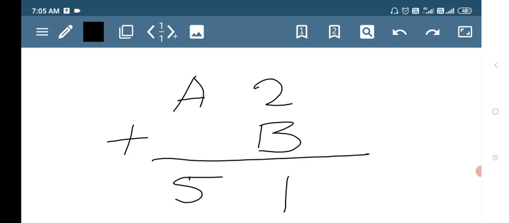Can you tell me what could be the value of B and A? Can you try to find the value of B and A?